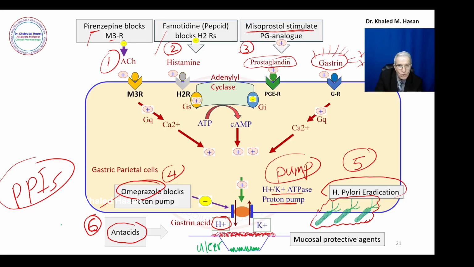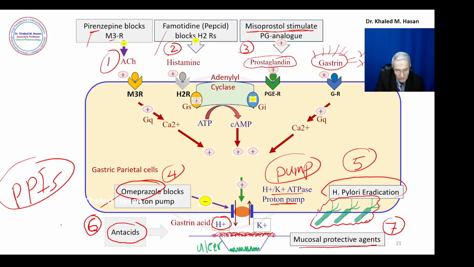For example, when you have a wound on your hand, you put a bandage on it, to cover the wound or any ulcer in your skin. But we cannot place a bandage in our stomach. Therefore, we can use medication able to protect the mucosa. So we have mucosal protective factors, and this will be number 7.